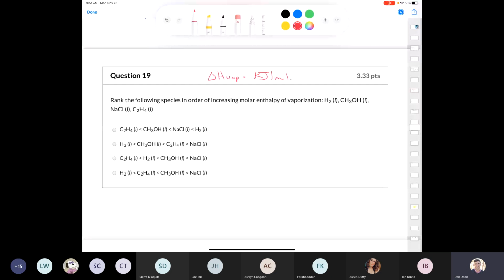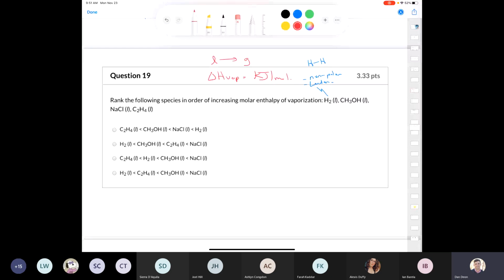So what we're looking for is, which one of these is going to take the most energy to go from a liquid to a gas? If we look at these 4 molecules that are shown here, hydrogen is a nonpolar molecule, right? How do I know that? Because the 2 hydrogens are bound together by 1 sigma bond. There's no dipole in that molecule. So it's only going to experience London forces, nothing else.